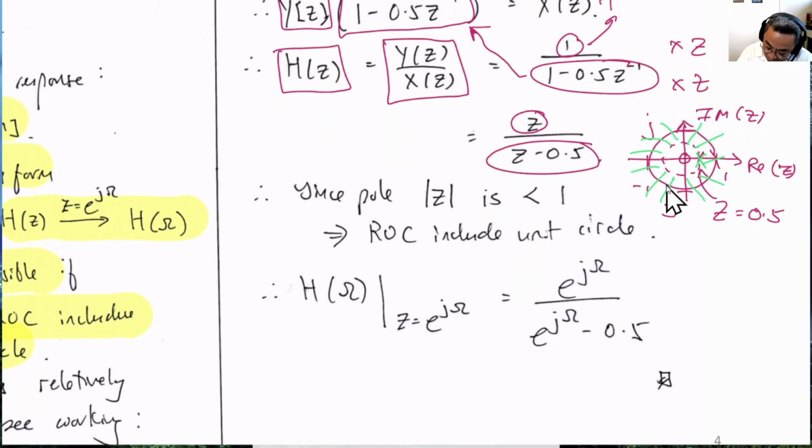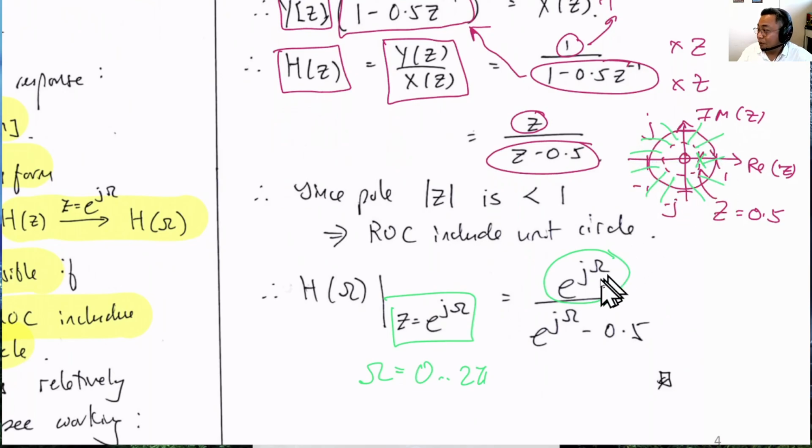You realize that when we substitute the values of the unit circle, what is the unit circle? It is nothing but a radius 1 with omega going from 0 to 2 pi, and this is it. So when we substitute z equals to 1 e^{j omega} for omega equals to 0 to 2 pi, then we are saying these values here.